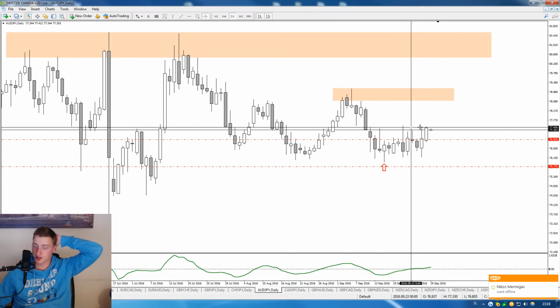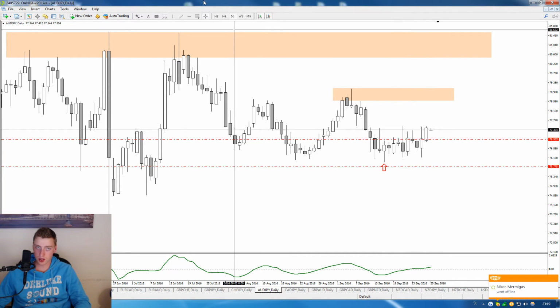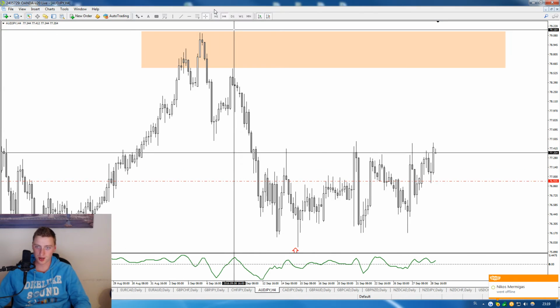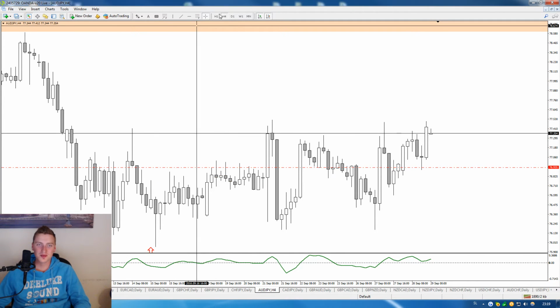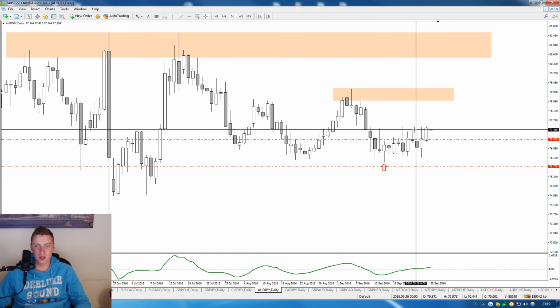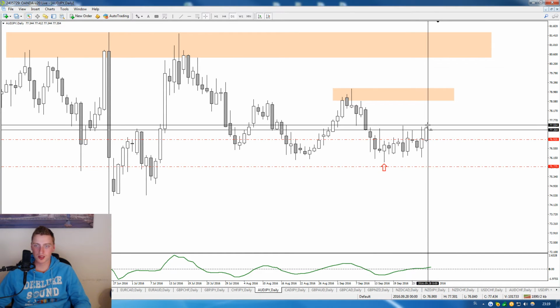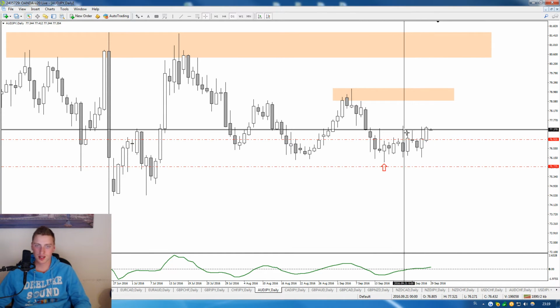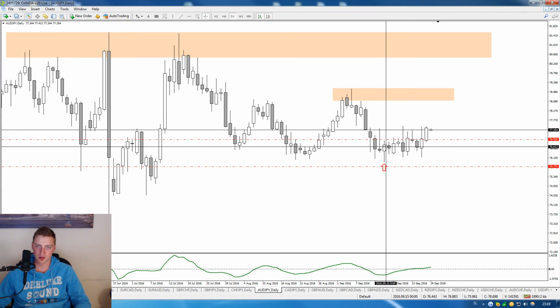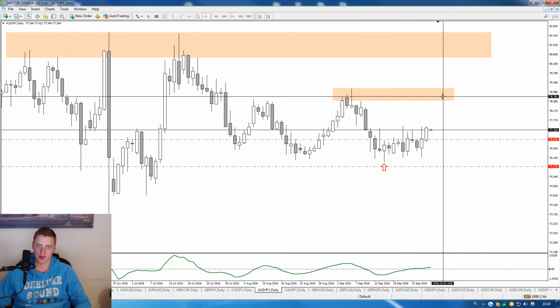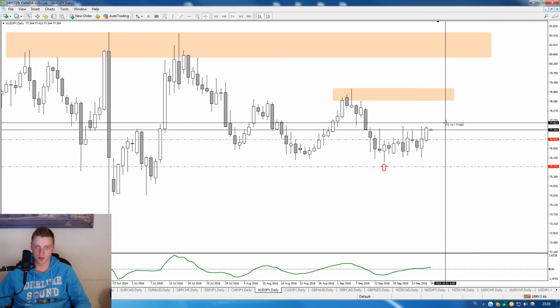But this resistance on a lower time frame is still not broken. I mean, this candle looks pretty promising, but after 10 days of lack of momentum, I really don't believe it. Maybe we'll get slowly up to here, but yeah, I'm still waiting.